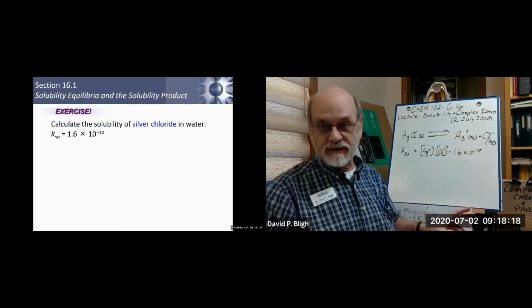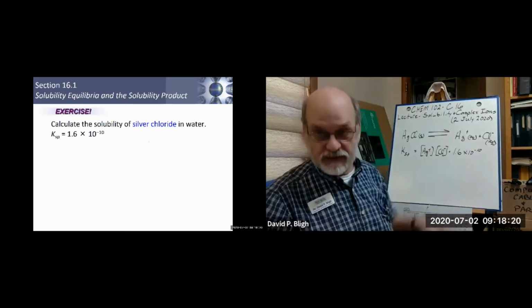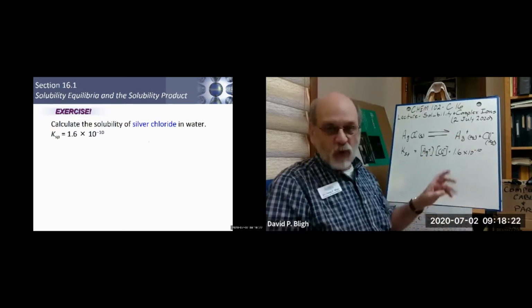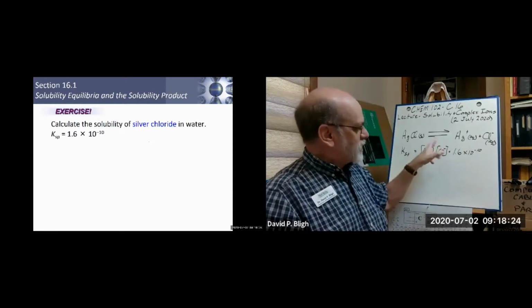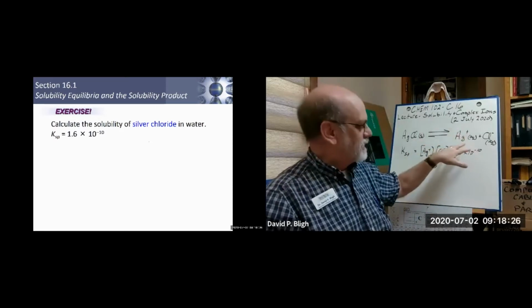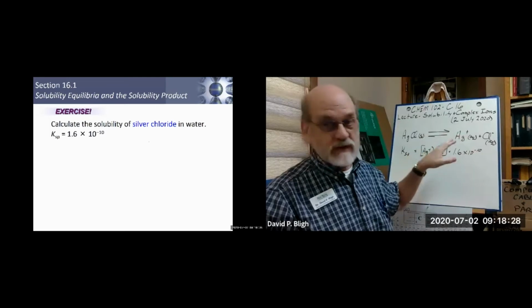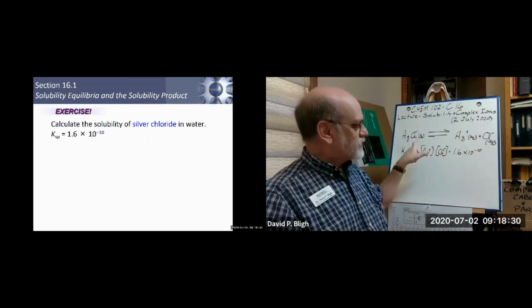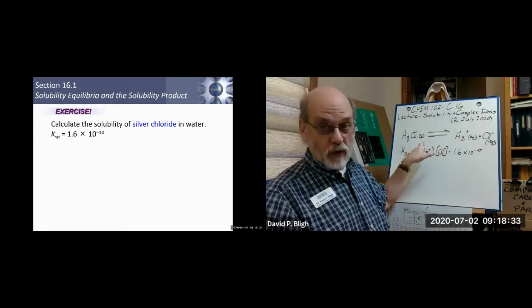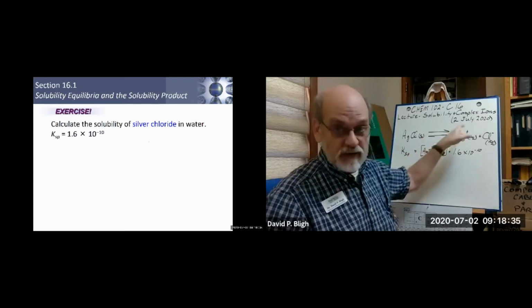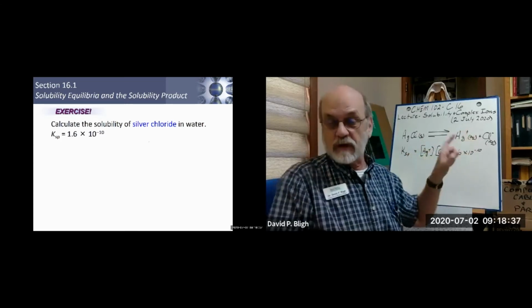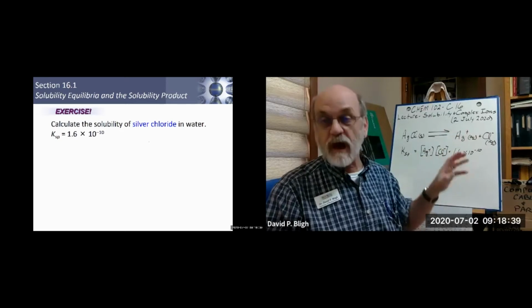Not much, but a measurable amount is in solution. And that's important because if we couple any other type of reaction, then the chemistry doesn't work unless you know or assume that there is some of it there in solution. We're going to look at one of those later when we talk about complex ions.